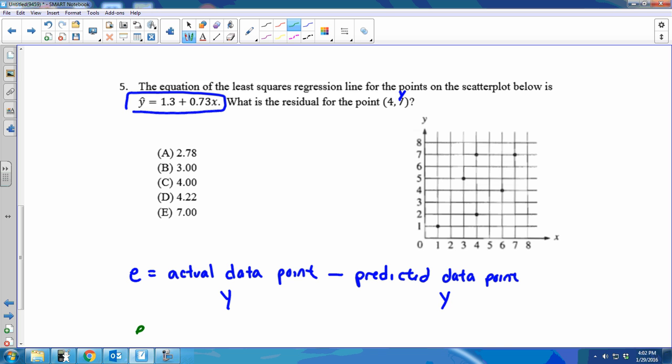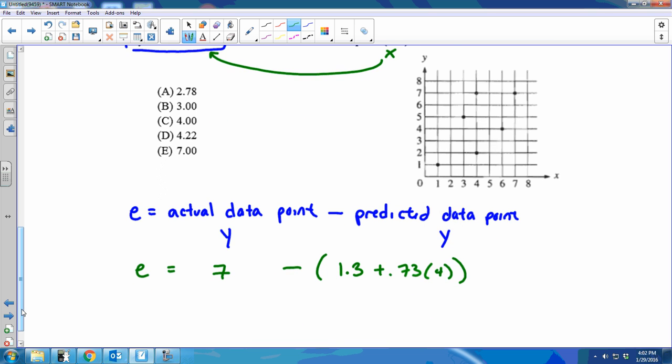This is going to be 7 minus whatever we would get if we predicted with x of 4 in this equation. So 1.3 plus 0.73 times 4. Whatever we get that's predicted, that's going to be the difference.